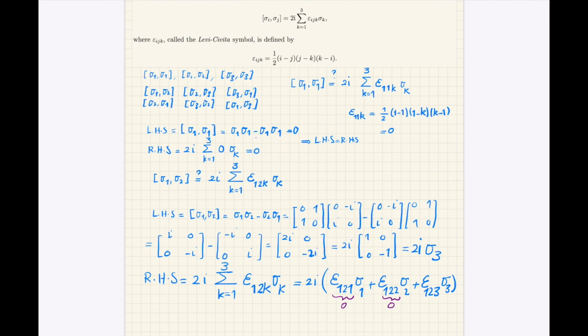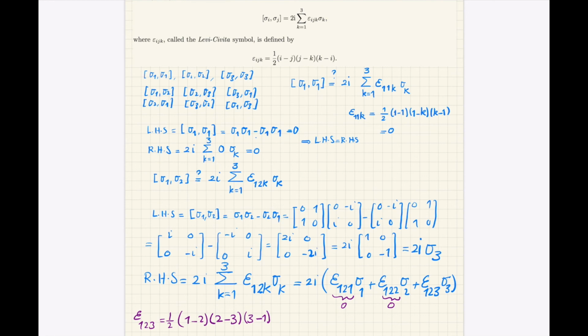So let me change my color here. Okay, so epsilon 1, 2, 3 is 1/2 times i minus j. i is 1 in this case, j is 2, so it becomes 1 minus 2. Multiplied by j minus k. j is 2, k is 3 in this case. And finally, k minus i. k is 3, and then i is 1.